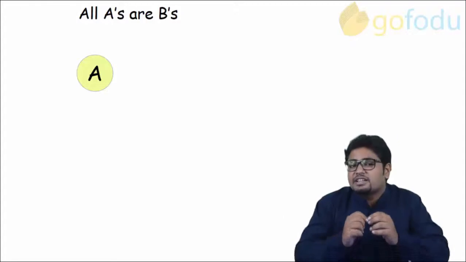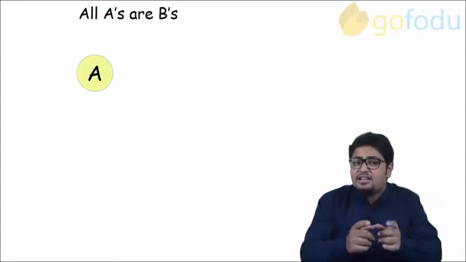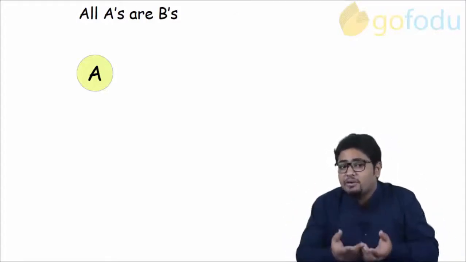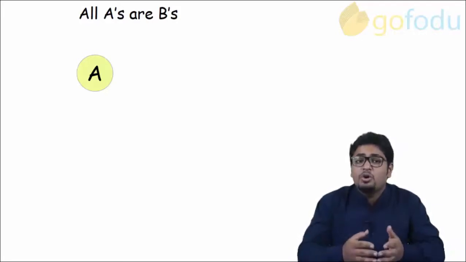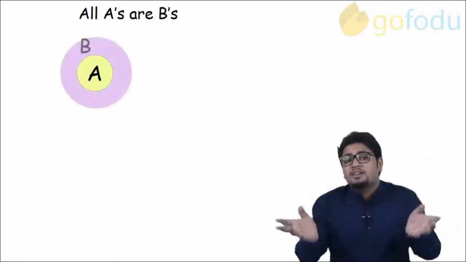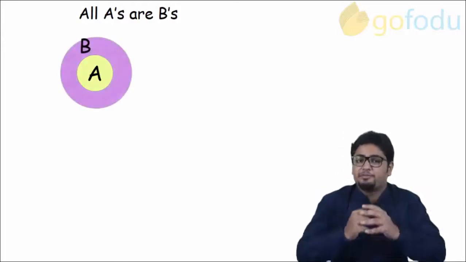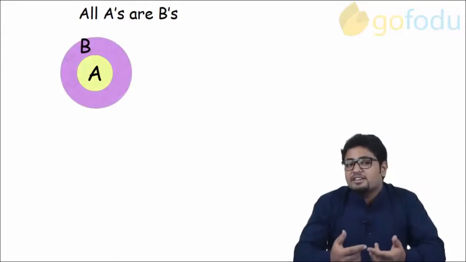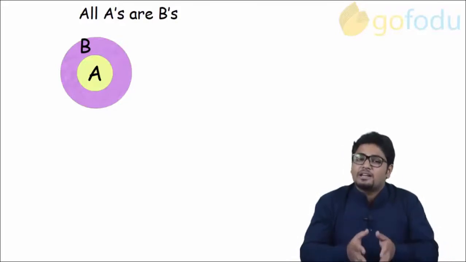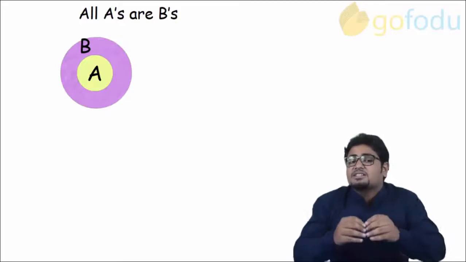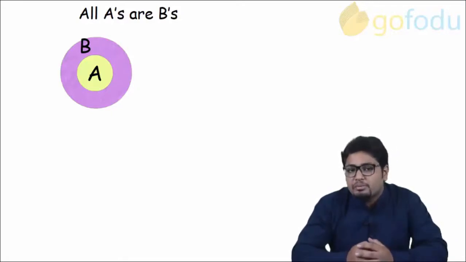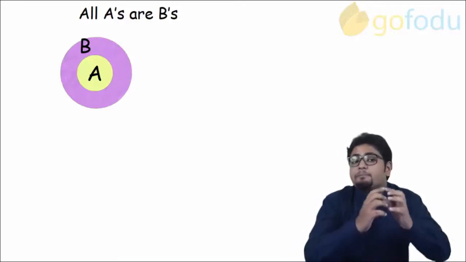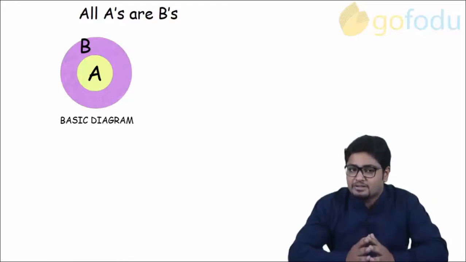Now because it is given that every A is B, that means there is no A which is not B. So A will be inside the bigger circle which is B. If you have watched the basic video on sets, then it should be clear that A is a subset of B. One very important point to remember, this is the basic diagram for this premise.